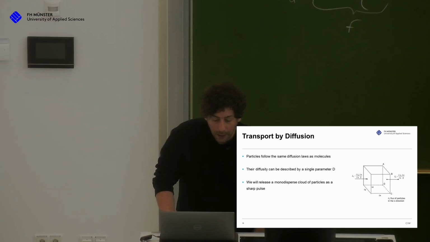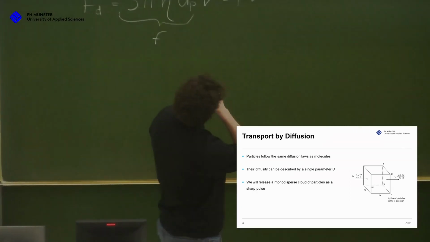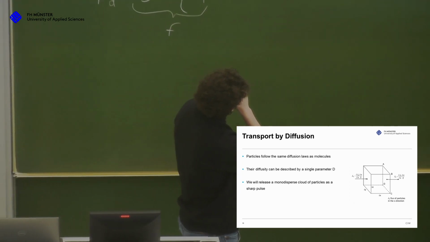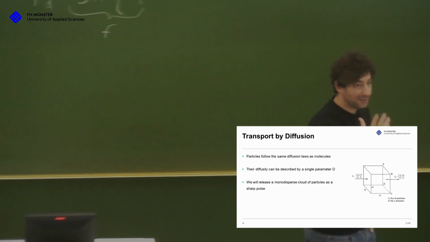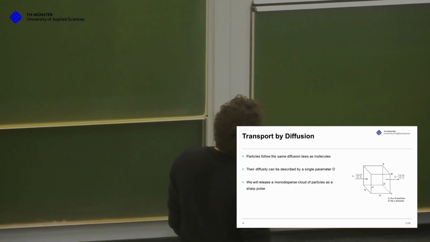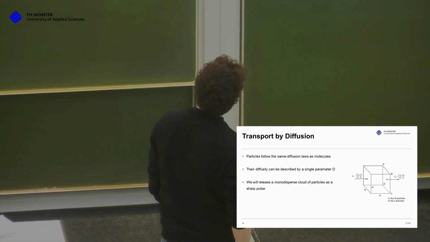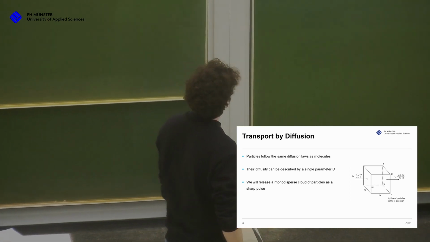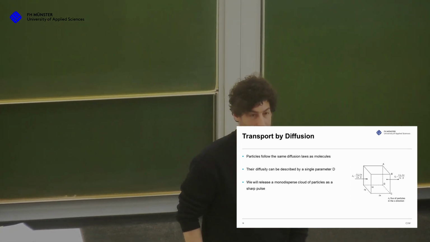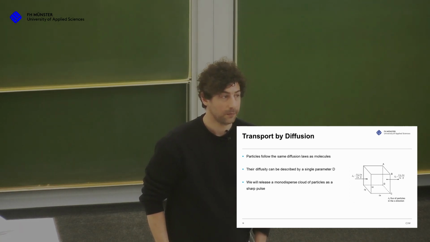So, and for particles, we can say, okay, they follow the same laws, so their diffusivity can be described by a single parameter, D, the diffusion coefficient. And what we can do to describe it is to release a monodispersed cloud of particles as a sharp pulse. What does this mean? This is a model again to describe what diffusion is.